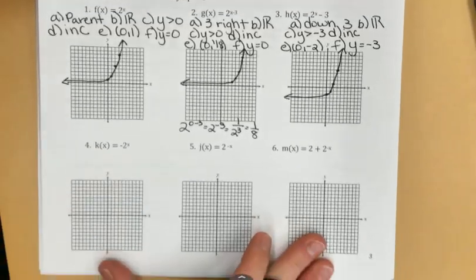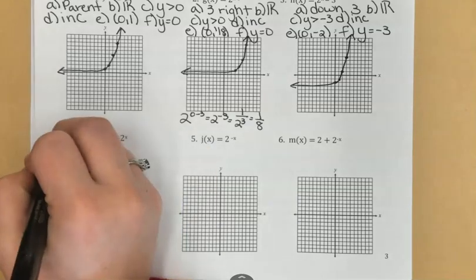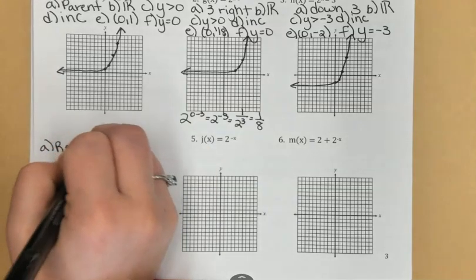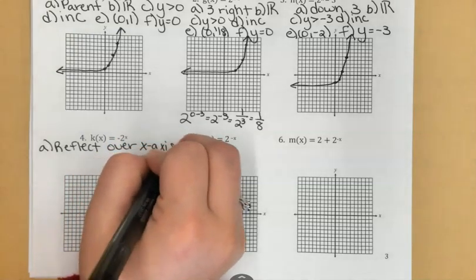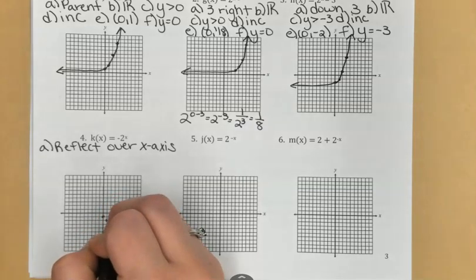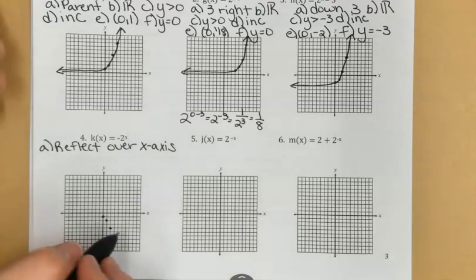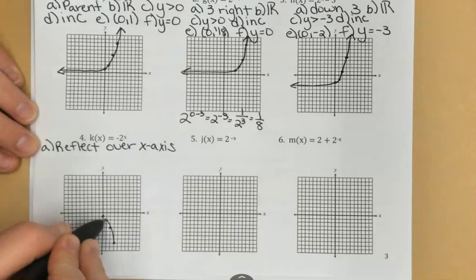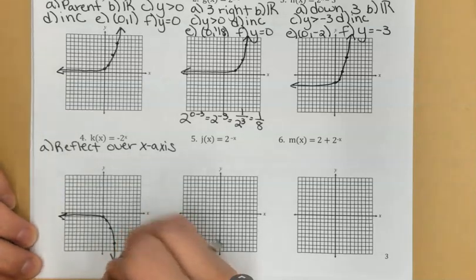Looking at number 4, that negative on the outside tells me that we are reflecting over the x-axis. So I'm going to take that graph from number 1 and flip it upside down. Connect the dots. And here is my transformed function.